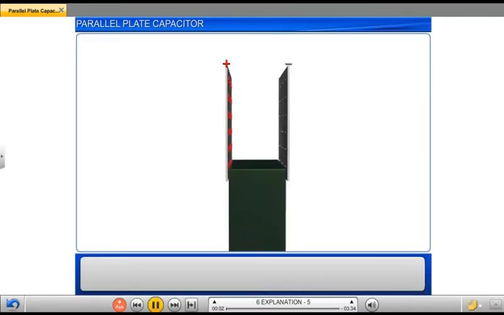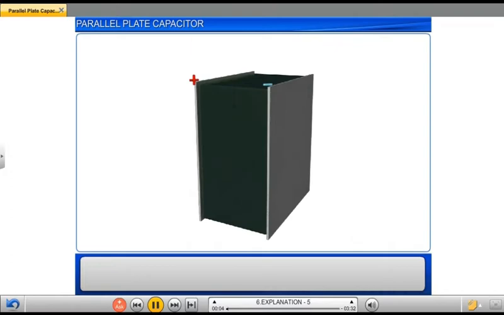After disconnecting the charging battery, let a dielectric medium fill the intervening space between the plates of the capacitor. The dielectric medium in between the plates will now be in the presence of the electric field between the plates.